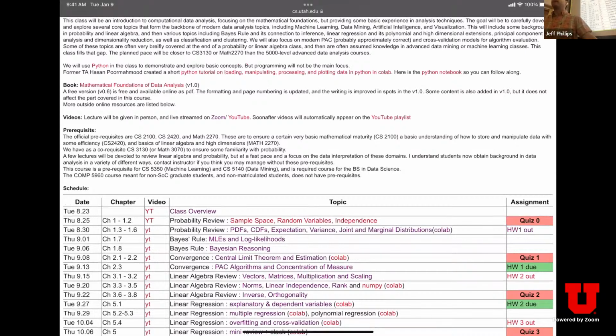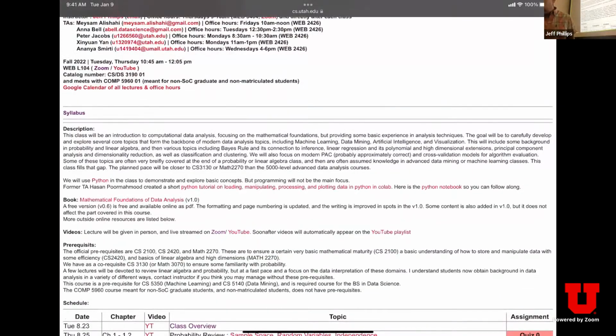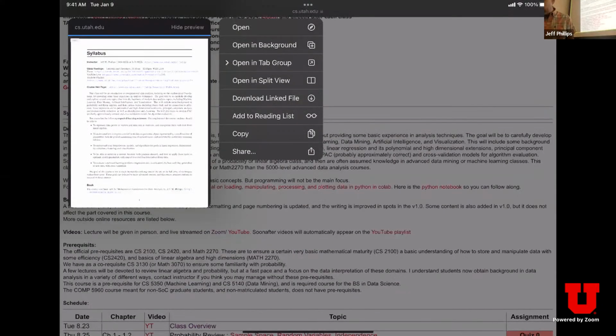Do you have templates we could use for the homework? So yeah, I do have a template posted. Let's see, if you look, I think maybe it's at the bottom here.